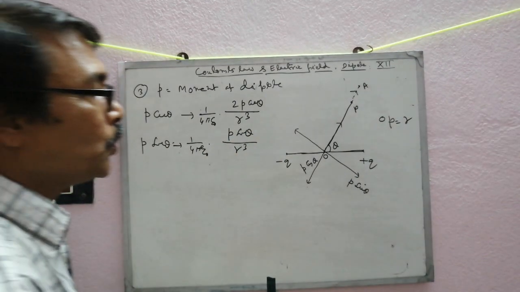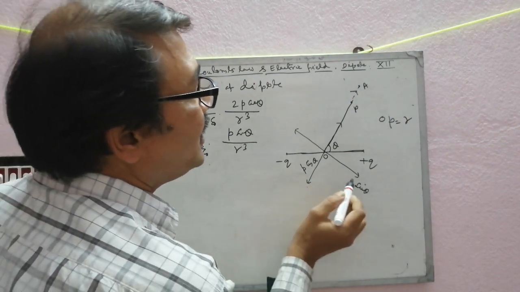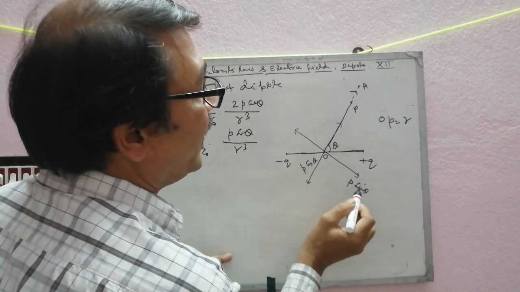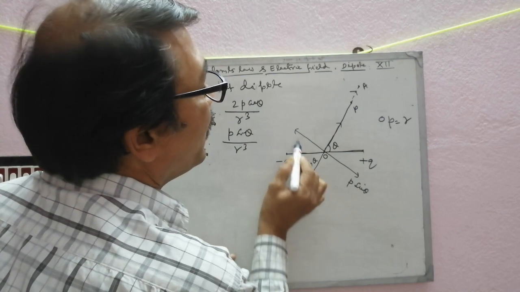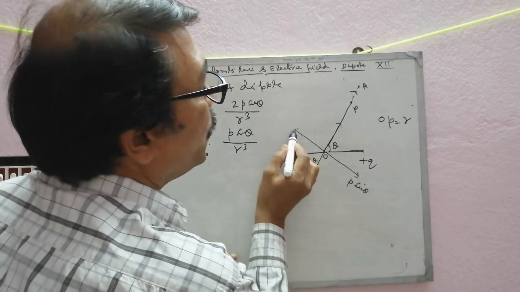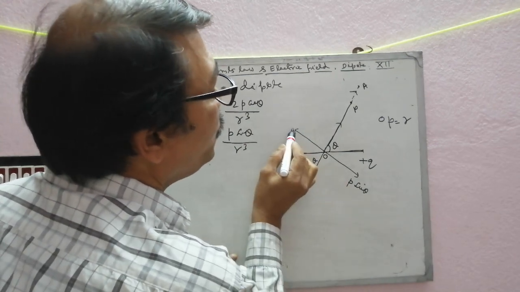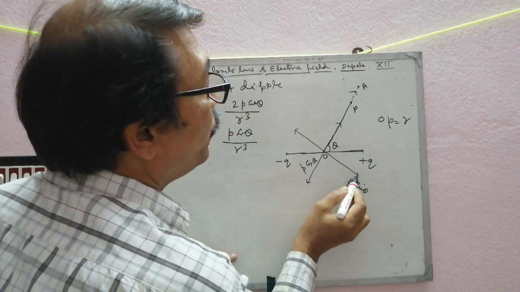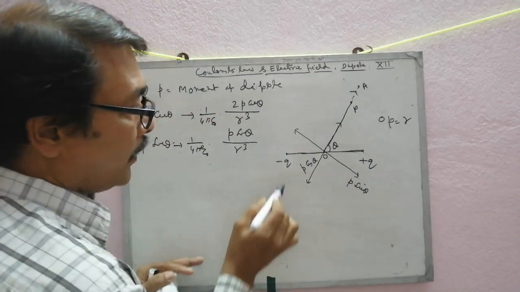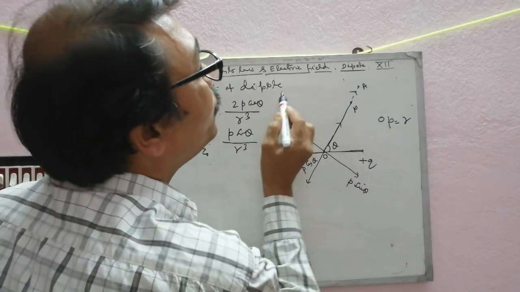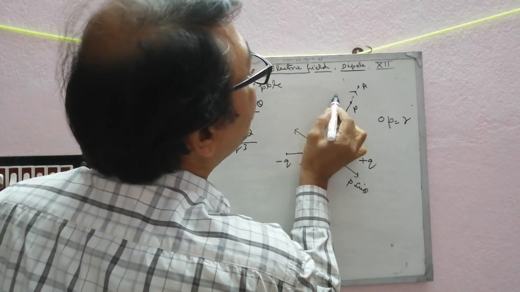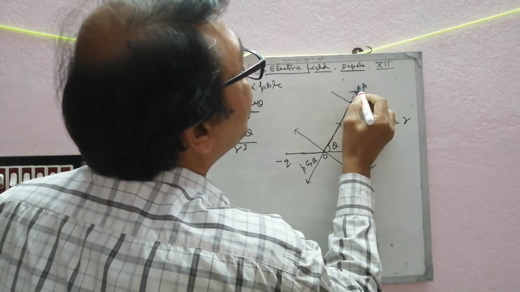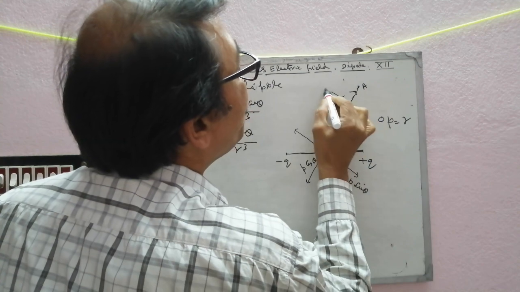As in the previous case, we note that it is parallel to P sin theta, and the direction is from negative to positive, not opposite, positive to negative. So this direction is PB.